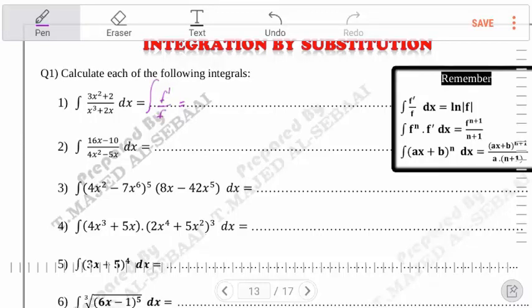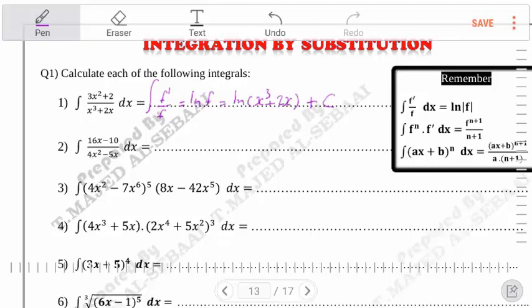So the answer is going to be ln f. What is f in this case? It is ln bracket x3 plus 2x plus c.